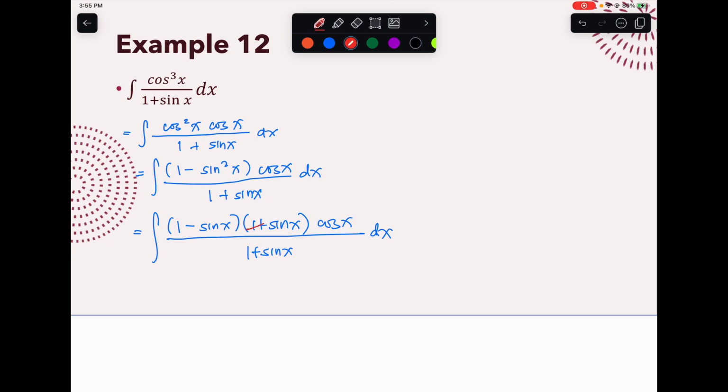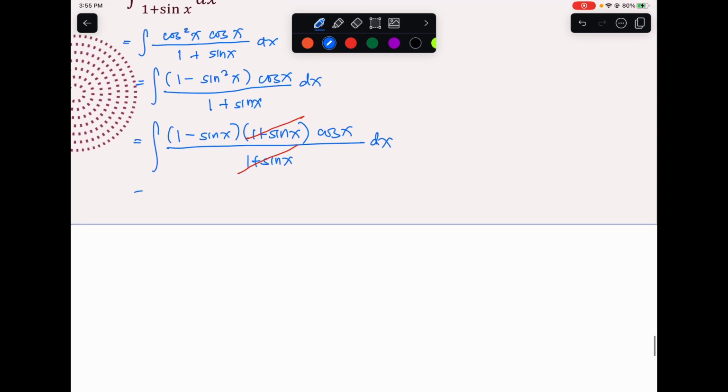And as you can see here, I can cancel out 1 plus sine x. And then I'm going to distribute cosine. So that will just be cosine x minus sine x cosine x dx.